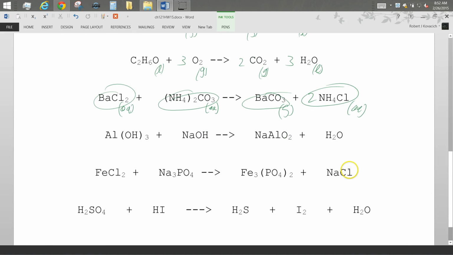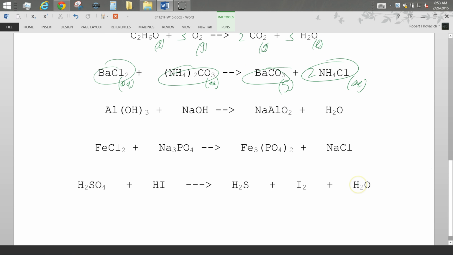All right, next one. Balancing. The aluminums look okay. I can't use the hydroxides to go to both sides because there's no hydroxides on the right-hand side. The sodium, there's actually only one of those. Looks like I've got 4 hydrogens on the left side.